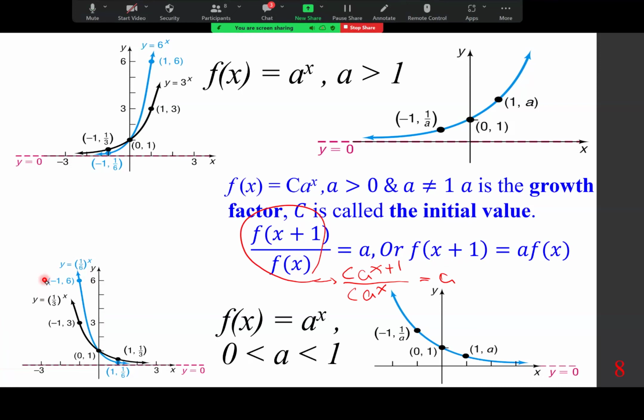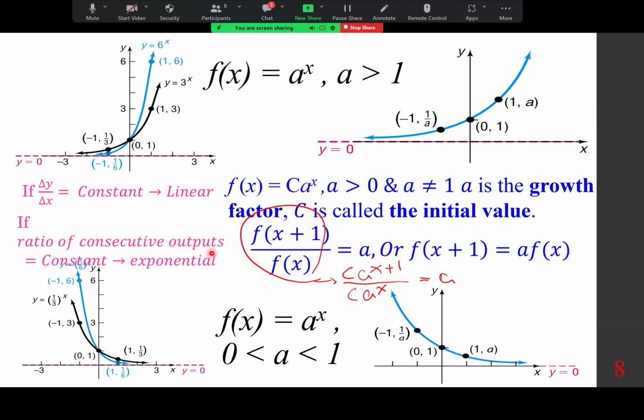Meaning, if delta y over delta x is constant, we know it's a linear function, rise over run. If the ratio of consecutive outputs is a constant, it's an exponential. For example, f of x plus 1 over f of x is a constant, the same value. For example, f of x plus 2 over f of x plus 1 is also a.